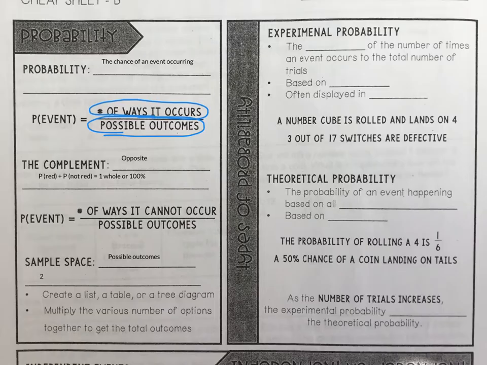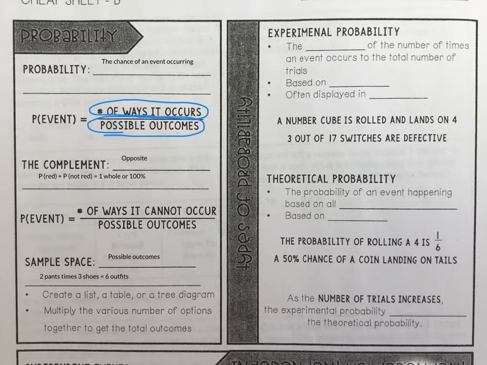Our sample space was 2 pant colors times 3 shoe colors was equal to 6 different outfits.